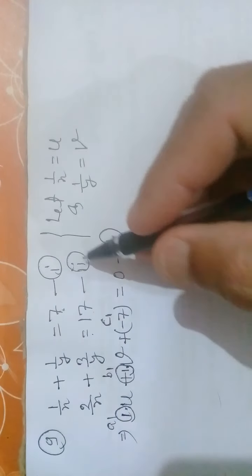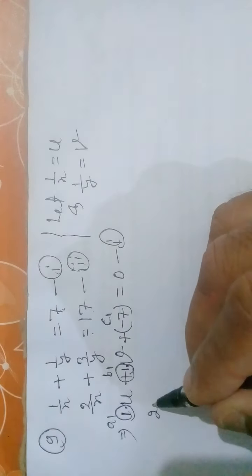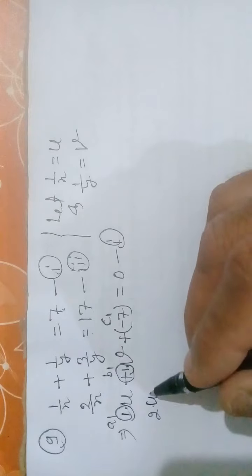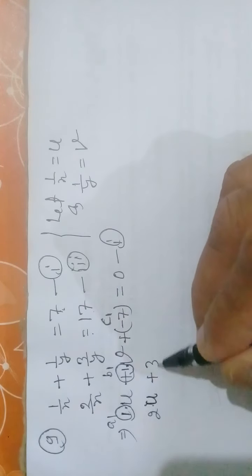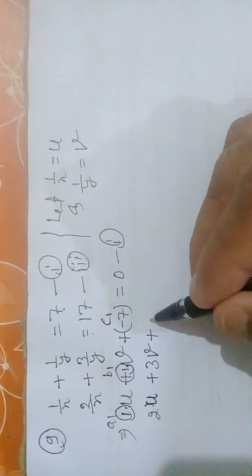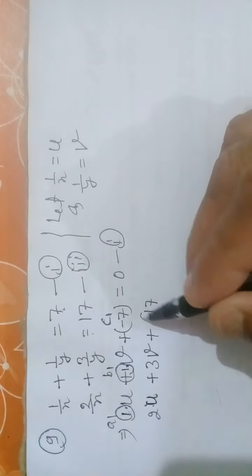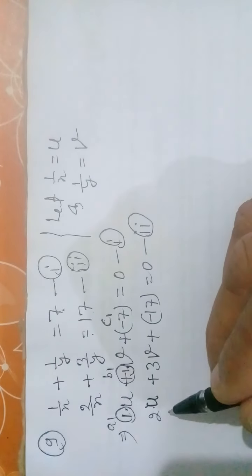Similarly, in equation 2, 1 by x is equal to u. According to our supposition, 2u plus 3v minus 17 is equal to 0. Equation 2.